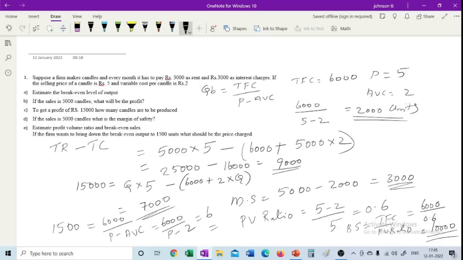Otherwise, when the firm is charging a price of rupees 5, then the break-even output will be 2,000 units. So in this way we can find the price to be charged for bringing down the break-even sales to 1,500 units. So in this way we can find out all the different values which are asked in the question.